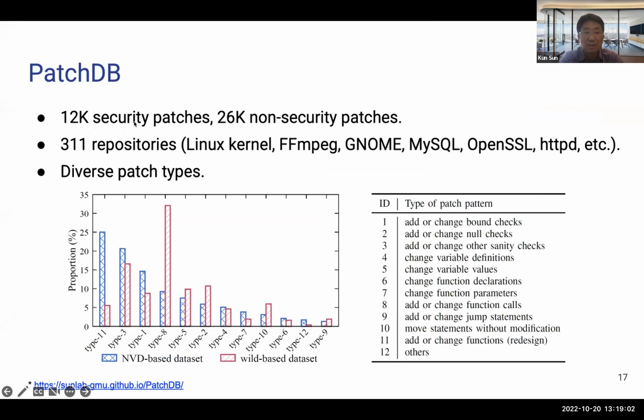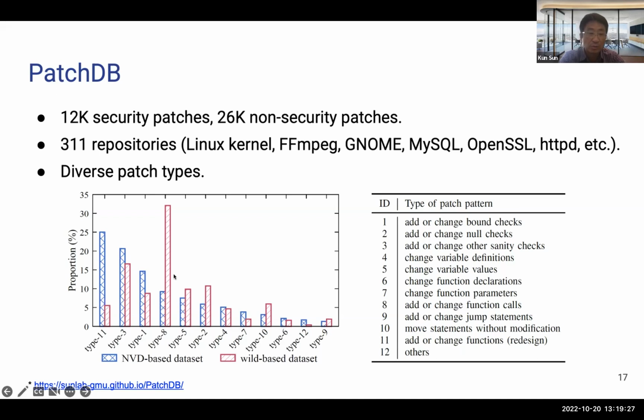This database includes more than 300 software repositories. We also further divide those patches based on their patch pattern: do they add or change some bound checking or null checking, based on their actions.